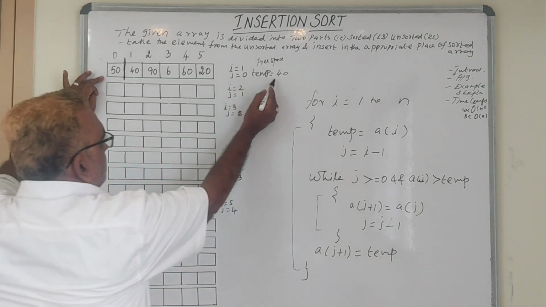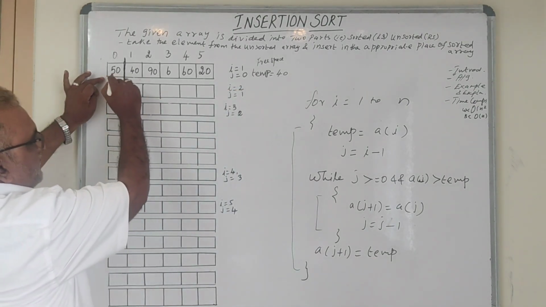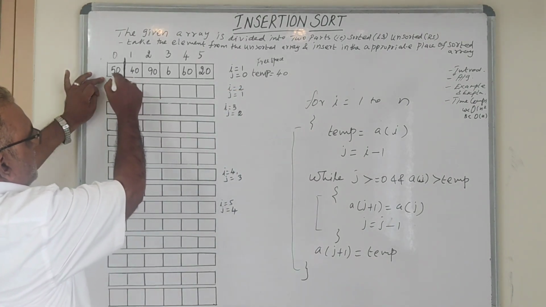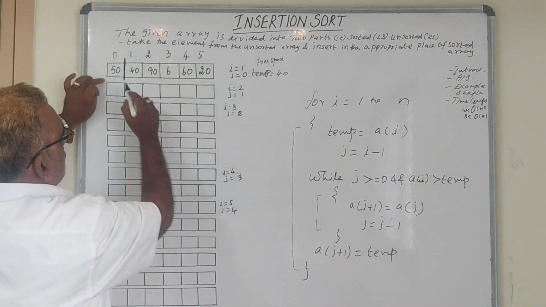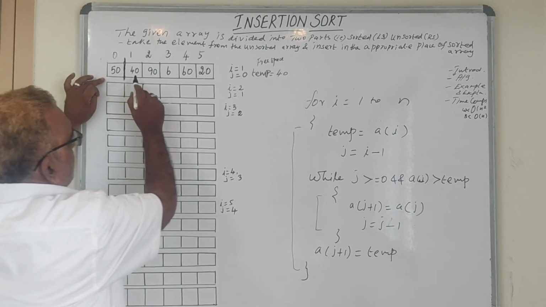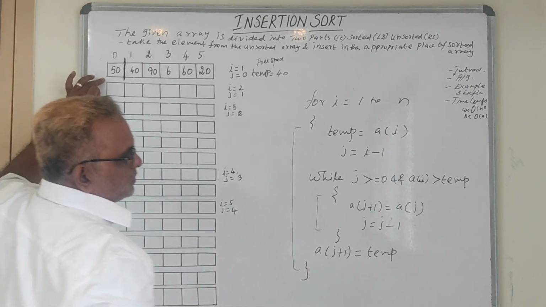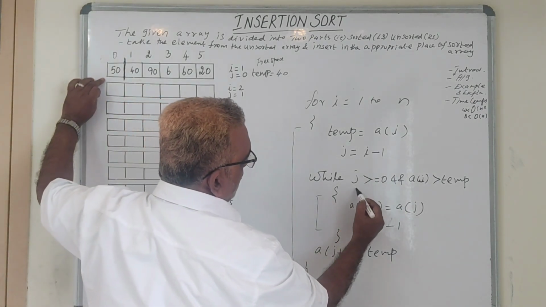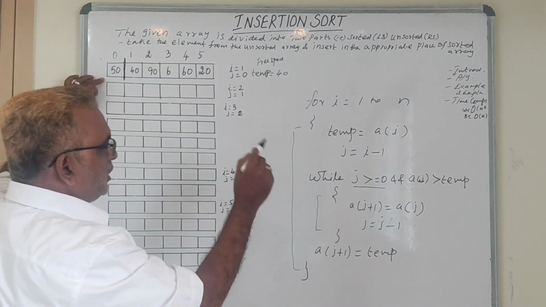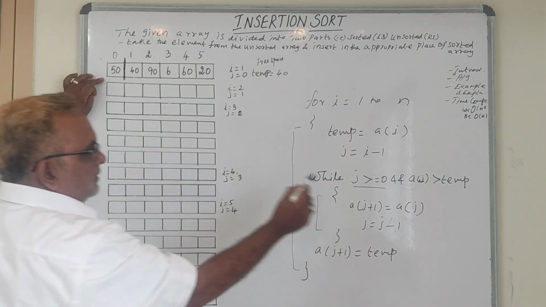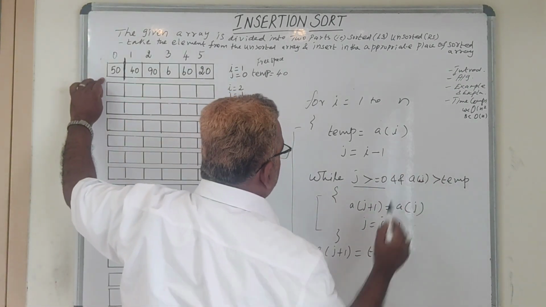Now we have to compare this value with the previous value, that is the first element in the sorted array. This portion is sorted and this is unsorted. 50 is greater than 40. We have to check two conditions: whether the j value is greater than or equal to 0 and a of j is greater than temp.